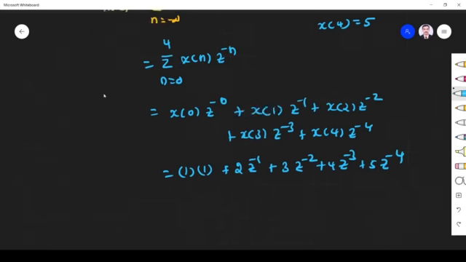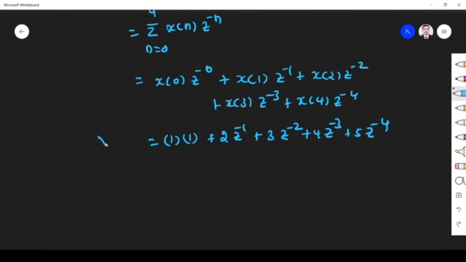So this is X of z. Simplifying, X of z is equal to 1 plus 2 z power minus 1 plus 3 z power minus 2 plus 4 z power minus 3 plus 5 z power minus 4. So this is the z-transform.